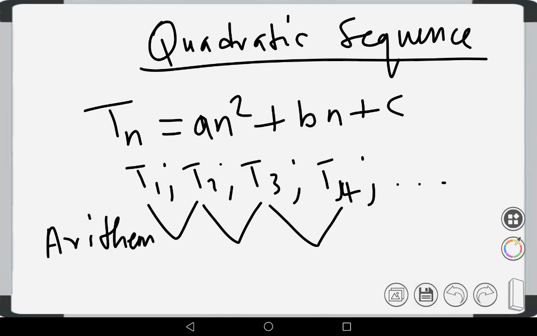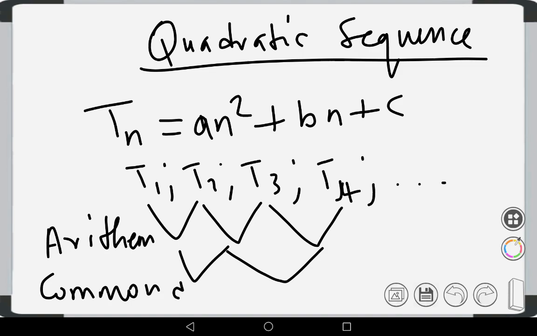Then when you calculate the second difference, that's when you get the common difference. You're going to see when I give you an example now.